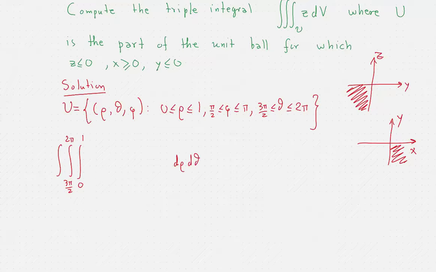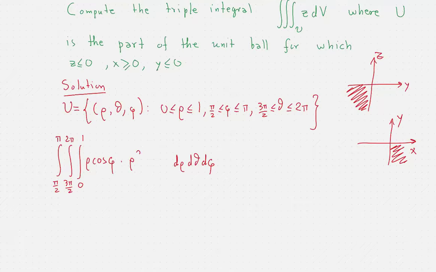Okay, now the integrand is z, and z happens to be rho cosine phi. And finally, the Jacobian is rho squared sine phi.